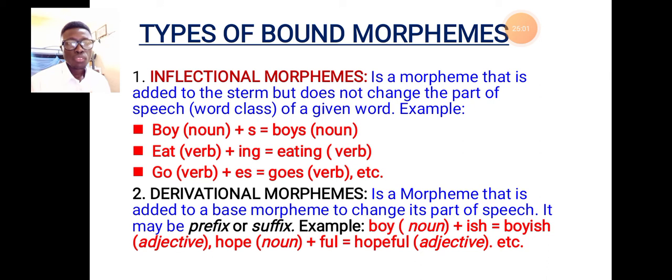A word like fortunate, when the prefix un is added to it, becomes unfortunate. Or the word fortunate, when a suffix is added, becomes fortunately. So the ly there becomes the suffix.